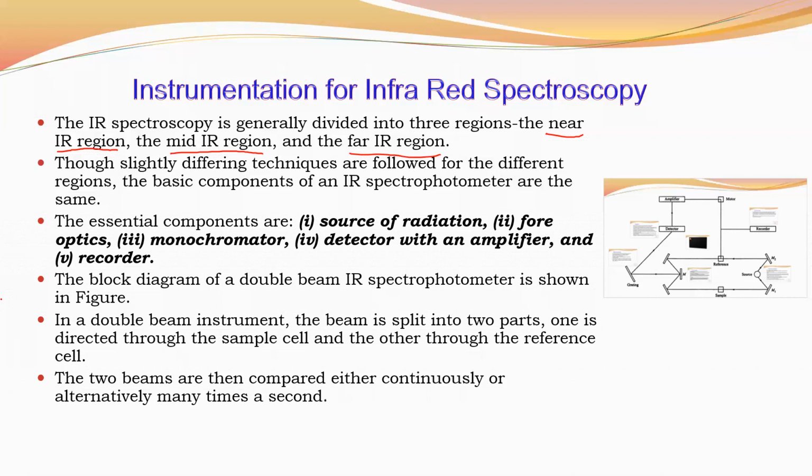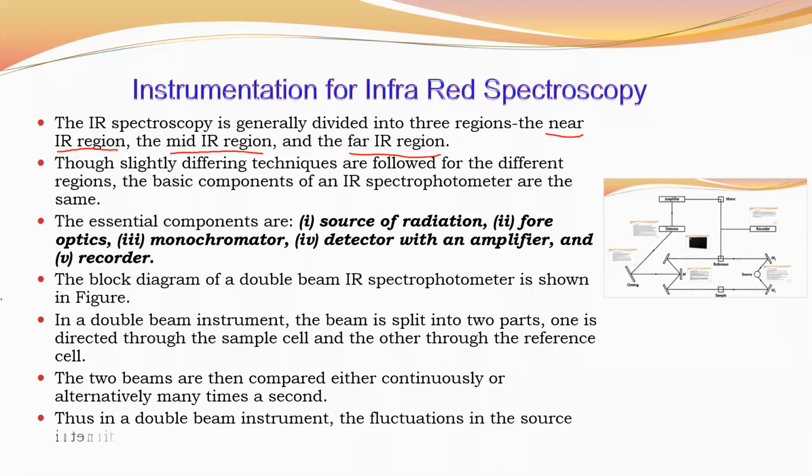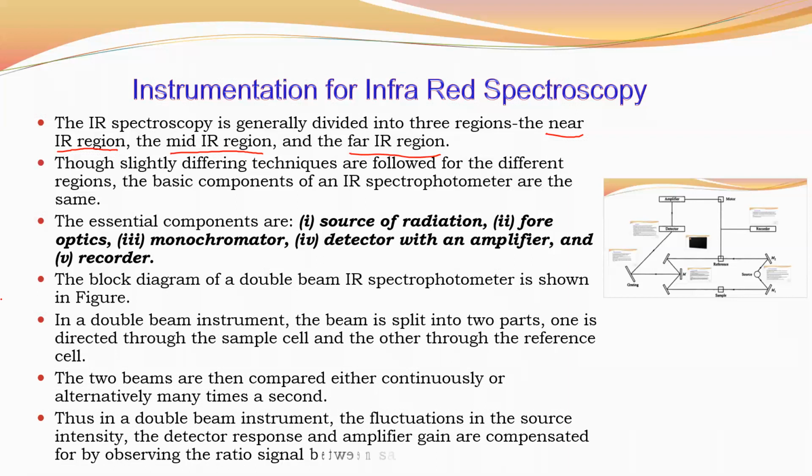The two beams are then compared either continuously or alternately many times a second. In a double beam instrument, the fluctuation in the source intensity, the detector response, and amplifier gain are compensated by observing the ratio of signal between sample and reference.